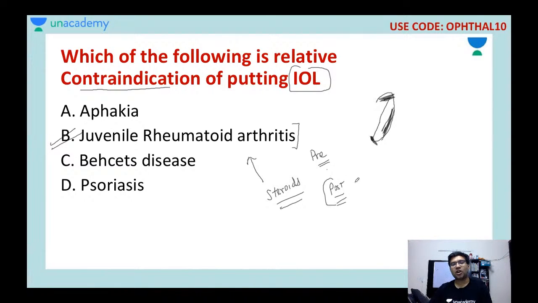We pray to God before a surgery, during a surgery, and after the surgery, that the child should get a good vision. So juvenile rheumatoid arthritis is the relative contraindication of putting an intraocular lens. What are the other contraindications?